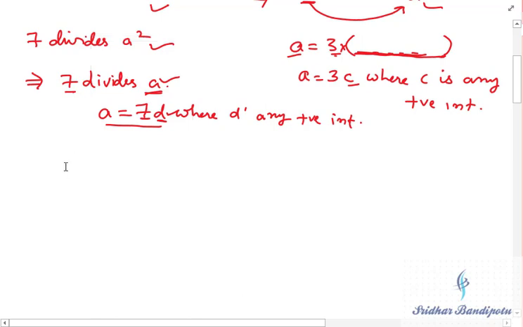And one more concept you need to know is coprimes. Which numbers are called coprimes?